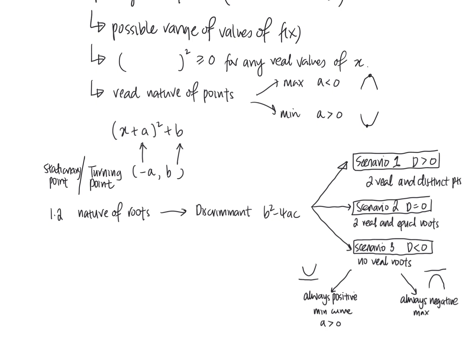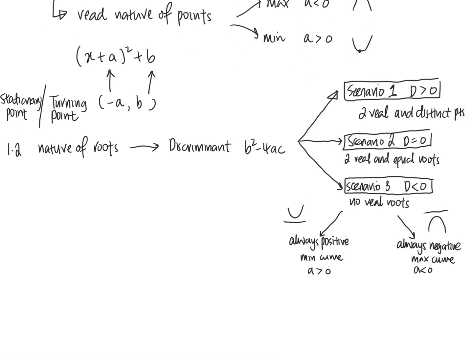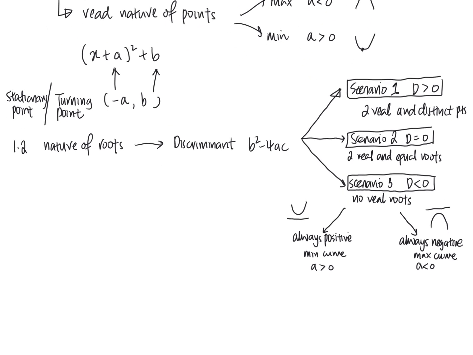So maximum curve, a negative. Another word that they like to use for this scenario is lies completely below, and for the other, lies completely above. So this is what we have learned in 1.2.